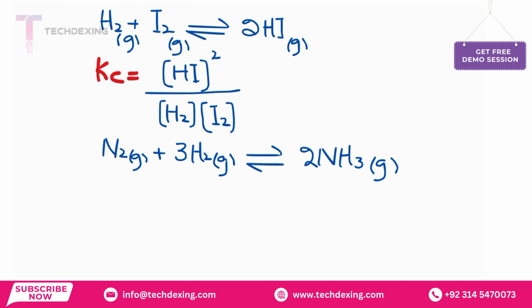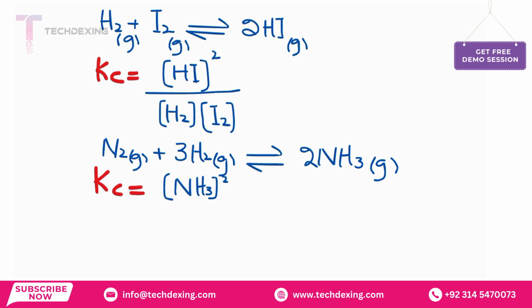Okay. So Kc is equal to, let me know. It is equal to bracket NH3, the rest is about 2. Very good.